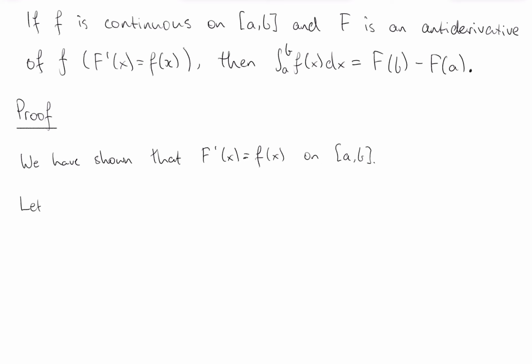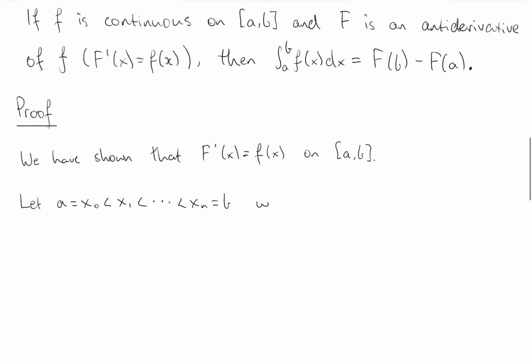We'll define a as just x naught, and we're going to split it up into points, x naught to x1, and you continue this up to xn, which is the final point in the interval, which is just b.